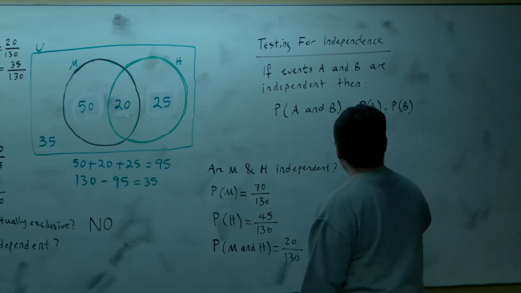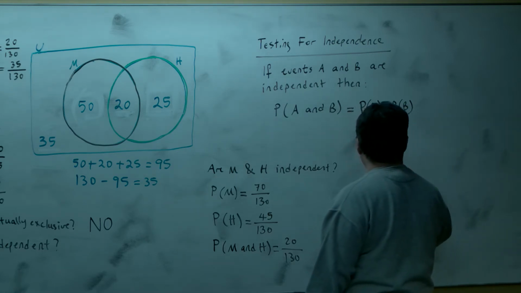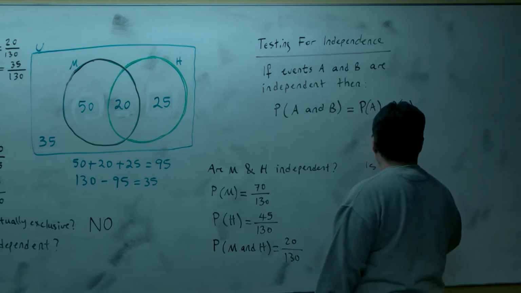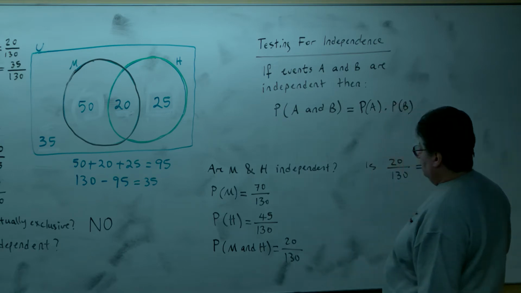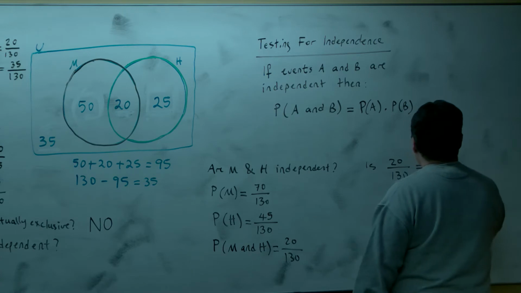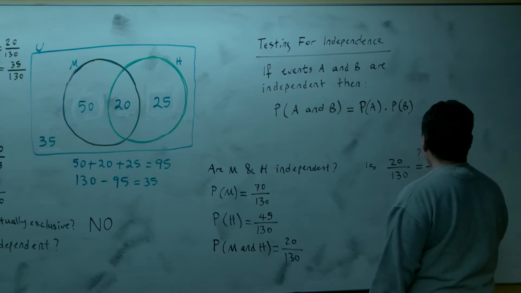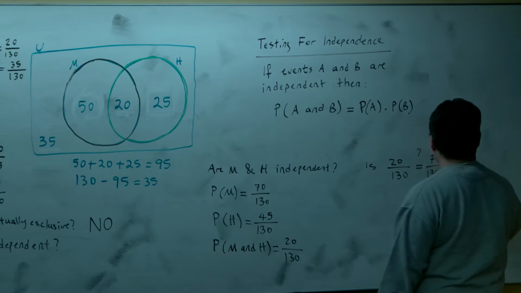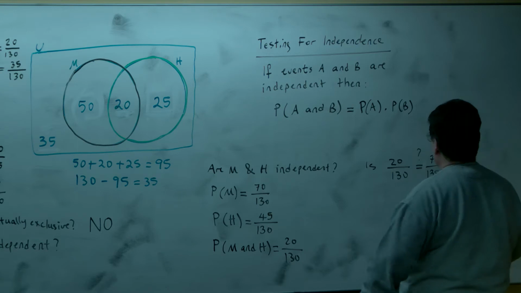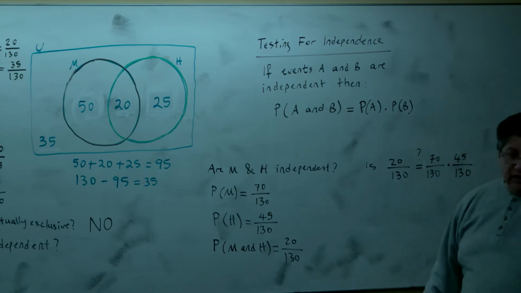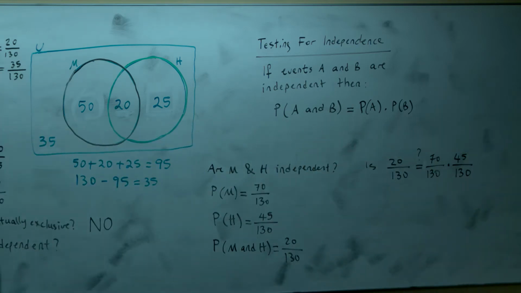So, is 20 over 130 equal to 70 over 130 multiplied by 45 over 130? They may be equal, they may not be equal.